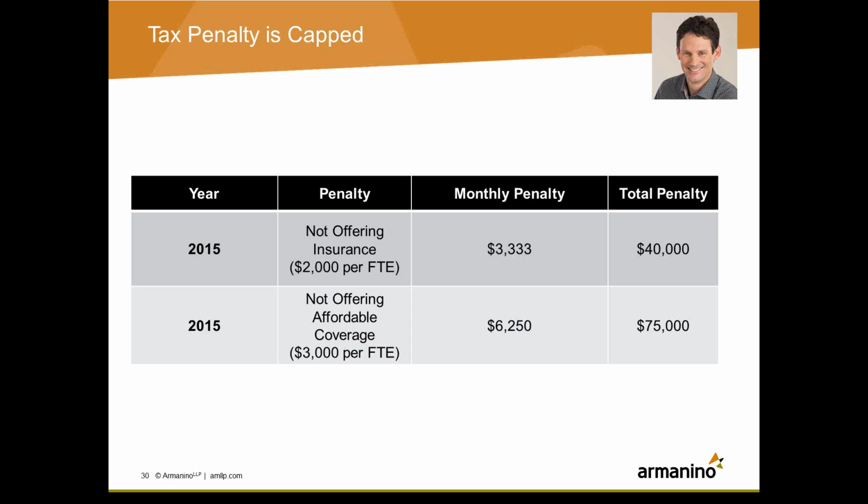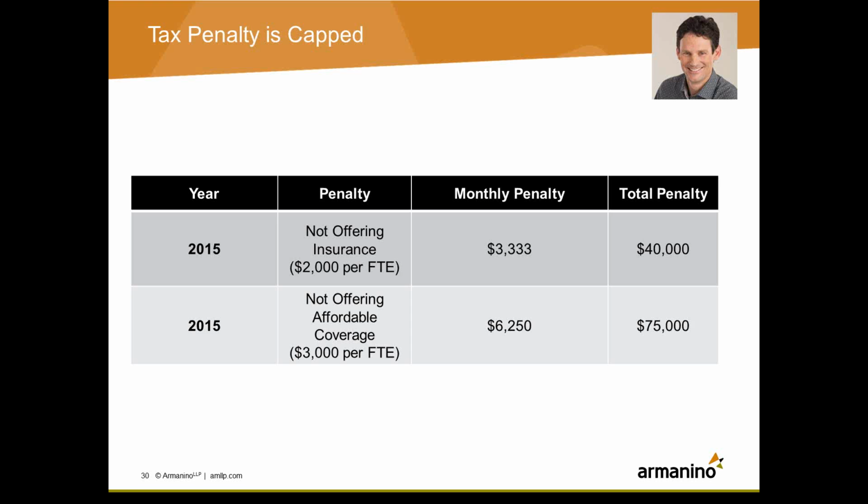which in this case is a good benefit for the transitional relief, because once the transitional relief goes away, where we talked about you get to subtract 80 employees to calculate the penalty for not offering insurance, well, in 2016, that goes to a 30 employee subtraction. So in that case, we would take 100 employees less 30, which would mean 70 employees are going to be subject to the penalty.